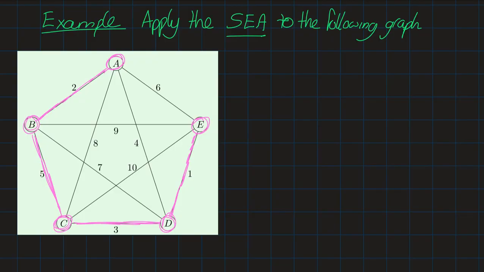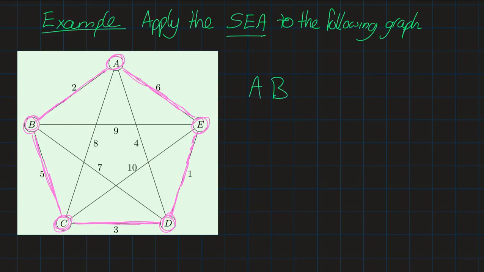Okay. The next shortest number is 6, and this edge here creates a closed circuit, but that's okay because I've already visited every other vertex. So creating the closed circuit is okay now because I've been everywhere. So this is the output of the algorithm. And you can write it down however you want.